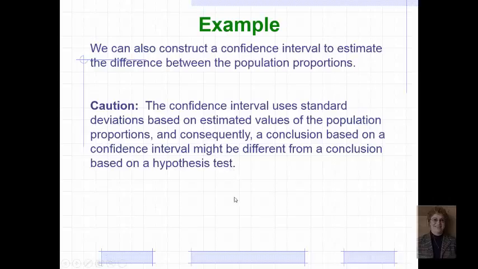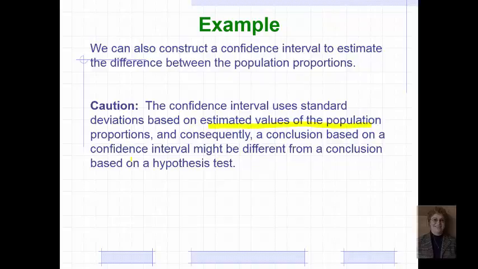Okay, now we could also do a confidence interval to estimate the differences between the proportions. Now, this is one of the things that we need to be cautious about. We use an estimated value of the population proportion.